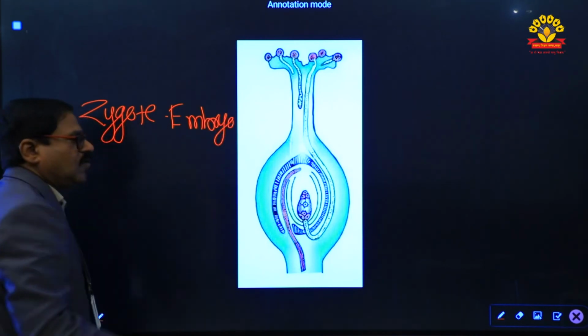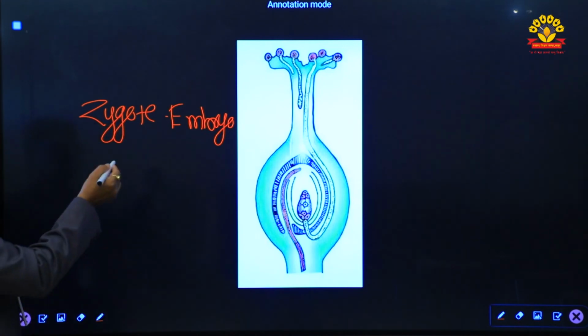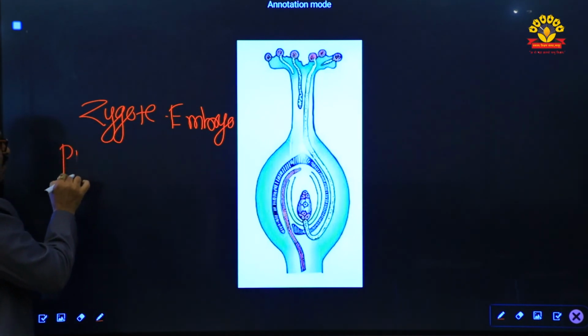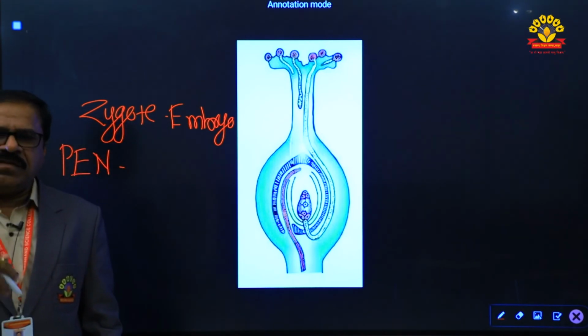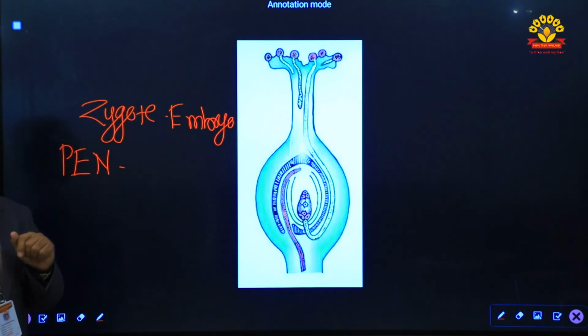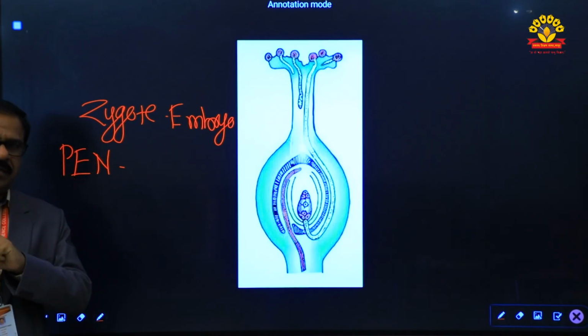The embryo forms from the diploid zygote, and the triple fusion results in the formation of a triploid structure, and this triploid structure is known as PEN, that is primary endosperm nucleus.